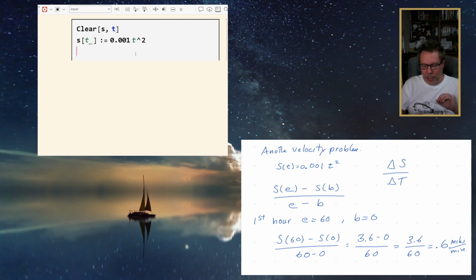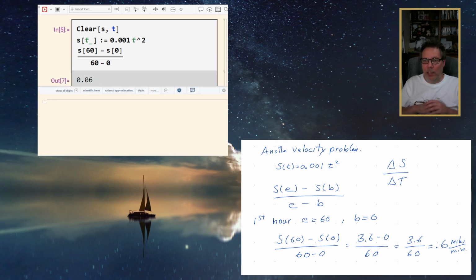So the first thing I need is to get a fraction. There are many ways to get a fraction. You can look up in the palettes in the Basic Math Assistant and grab a fraction. I want to compute s of 60 minus s of 0, and I'm going to divide that by 60 minus 0. Let me evaluate this, and I wind up getting, oh, I made a mistake.